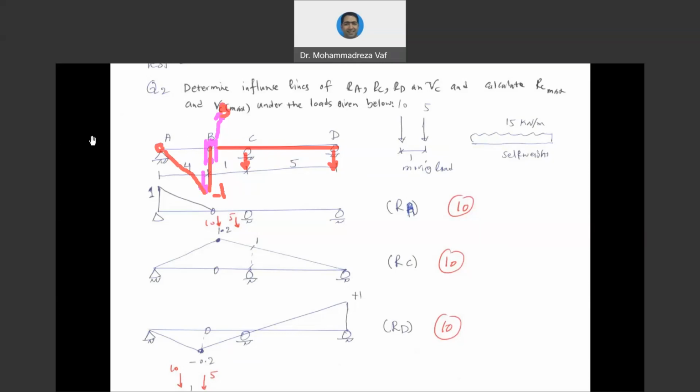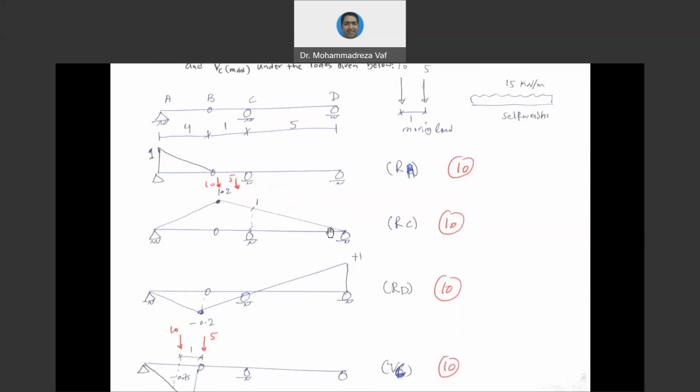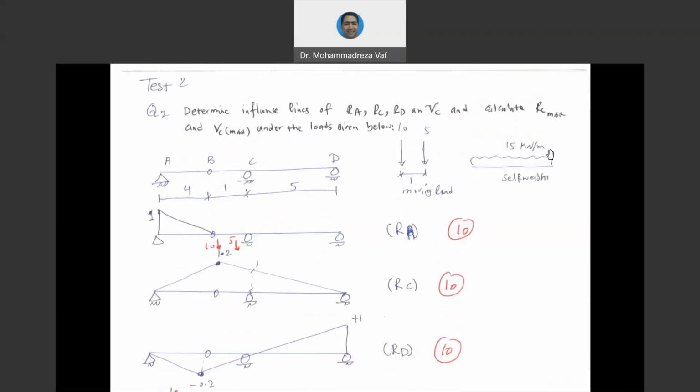Okay, now that we got all the influence line, we can go to the second part of the question, which is calculation of maximum RC and maximum VC. So if you look at RC, you can see the graph has only positive values, meaning we don't have any going down in the influence line that makes the area negative area. Therefore, under both loads, moving load and self-weight, we expect to have a positive value.